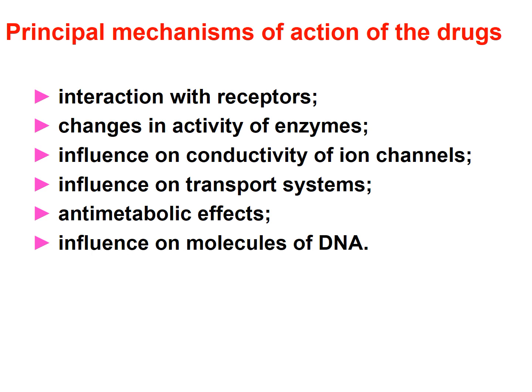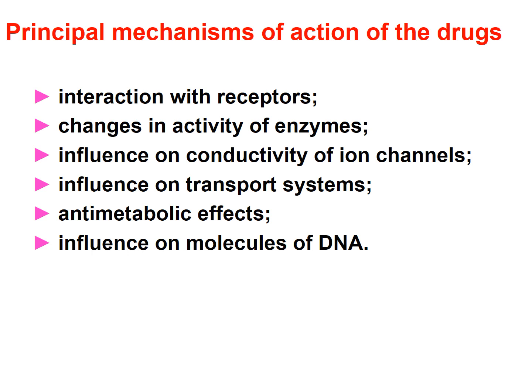And the drugs may block these transport systems, which results in the prevention of reuptake of these neurotransmitters back into the presynaptic nerve ending. Next, some drugs may act as antimetabolic agents.